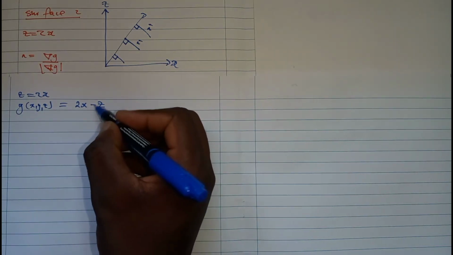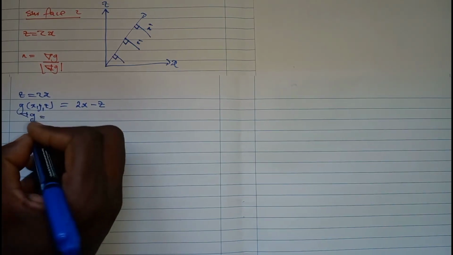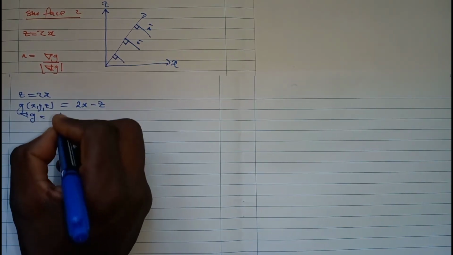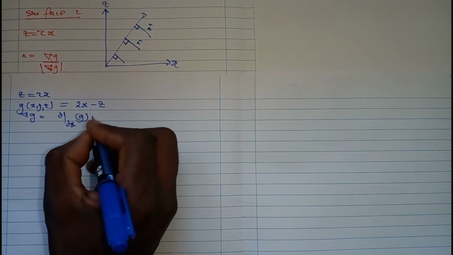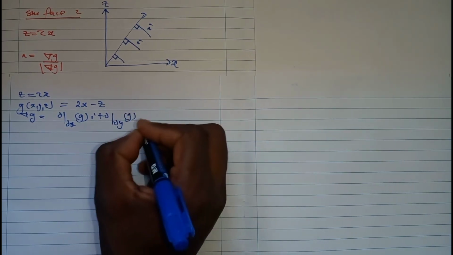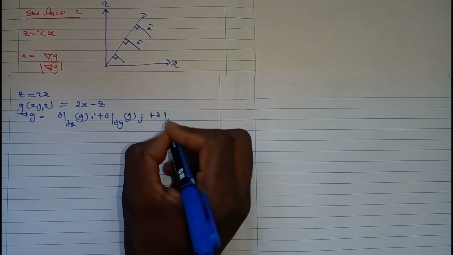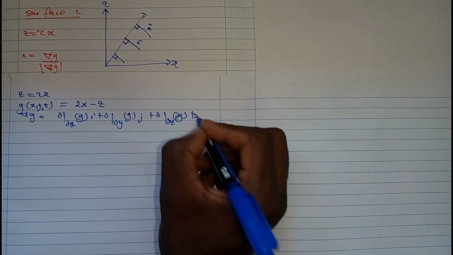The sign doesn't matter. So let's start with the gradient of g. The gradient of g is going to be the partial x of g, i, plus partial y of g, j, plus partial z of g, k.